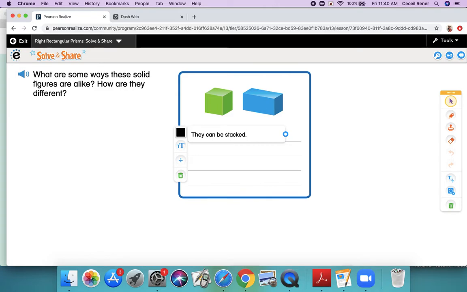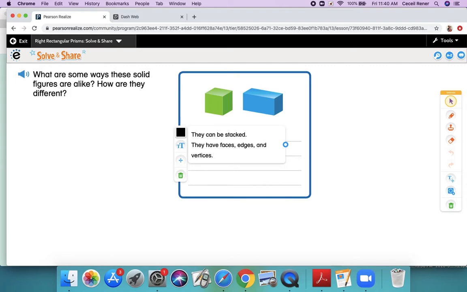What else? What else have we learned about solid figures and about other plane shapes as well? They have what? They have faces, edges, and vertices. That's right, they have all those things. What else do we know about them?